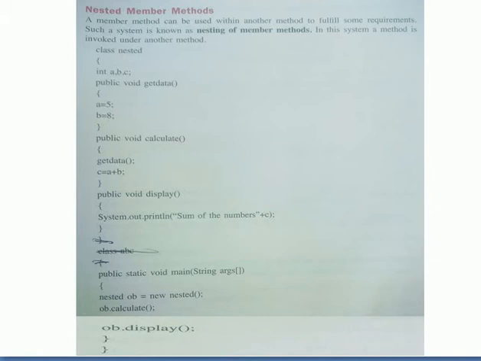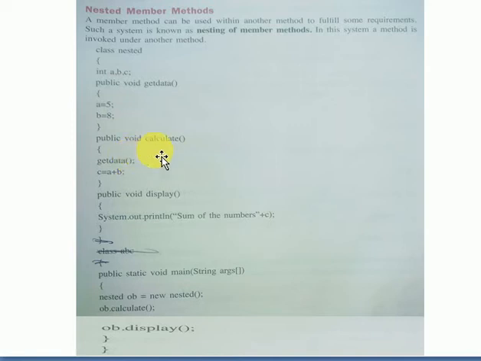Now let us see the same program in a different format. That is a nested member method. It means a member method is called from another member method. The class nested. Same int a, b, c. Void getData. A is 5, b is 8. Same logic as before, the getData function. The calculate function.